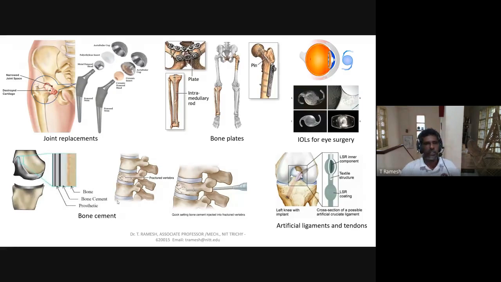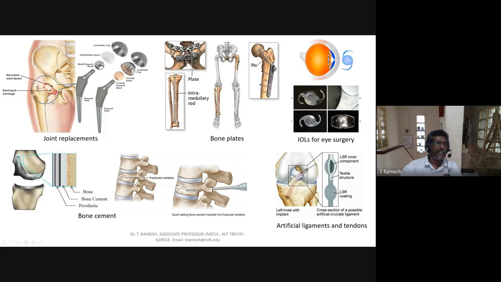So these are all a few examples where you can use biomaterial, or the mechanisms involved in developing materials, biomaterials. So this is for joint replacements. You can see here that there are femoral stems. It's a ceramic femoral head and the ceramic insert, and this is the acetabular cup.